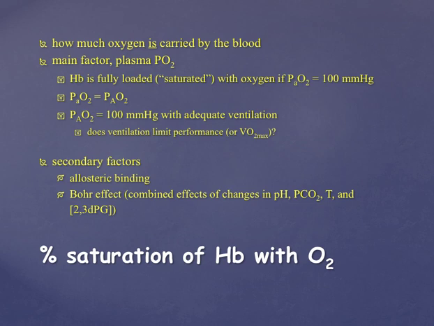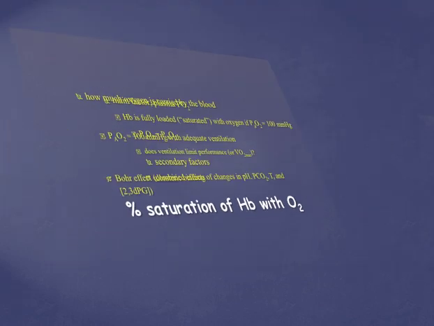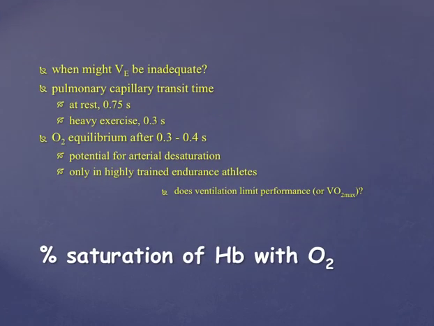So let's look at these factors. But before we do, I said if ventilation is adequate, ventilation is not the problem. Well, pulmonary capillary transit time is how long the blood has in the lung to pick up oxygen.